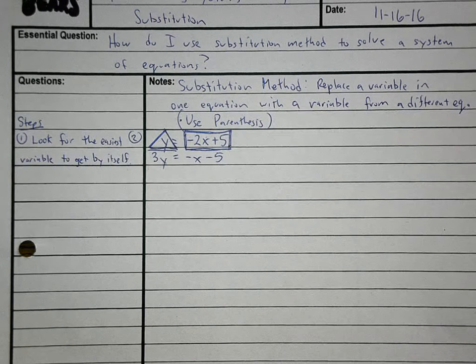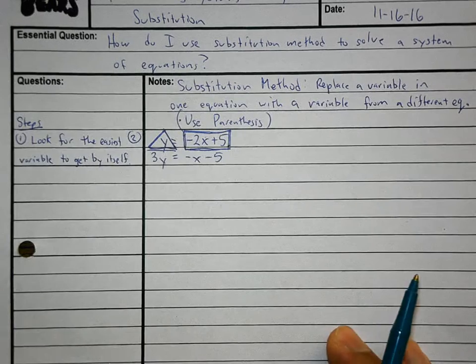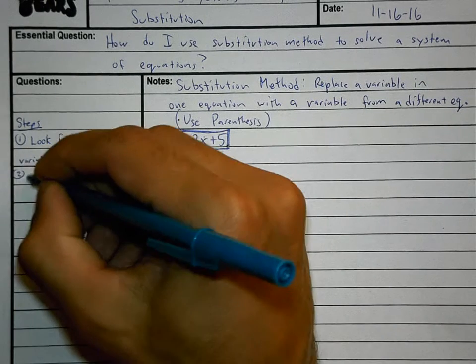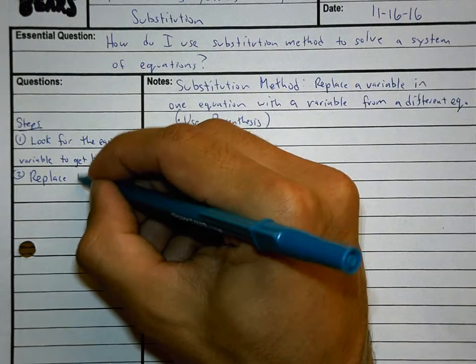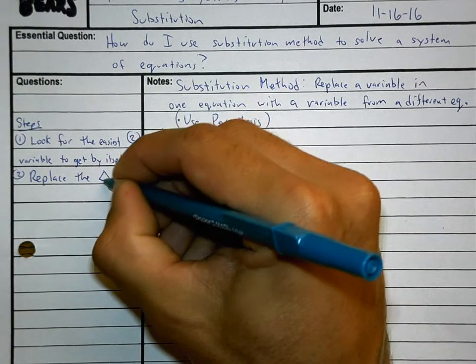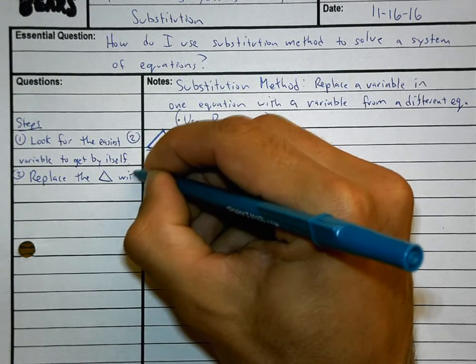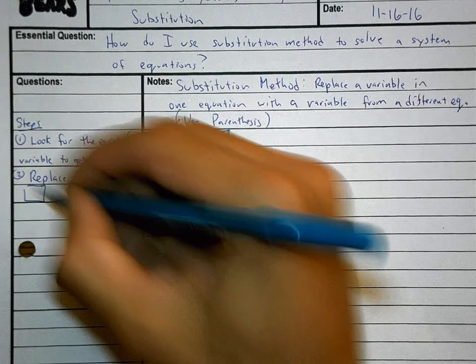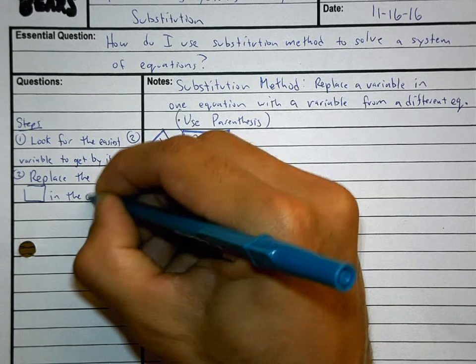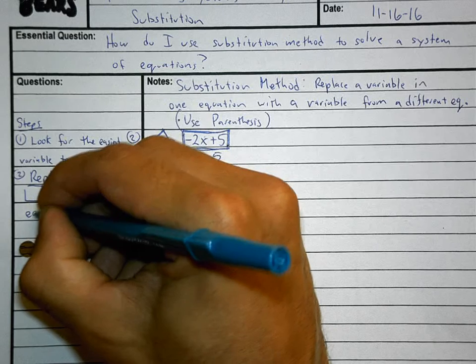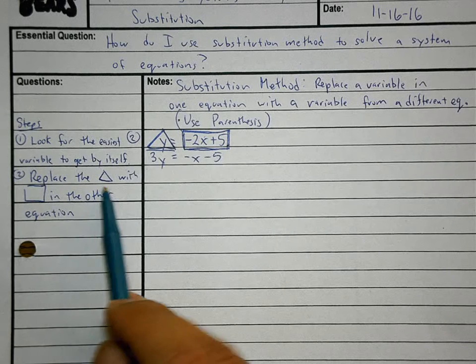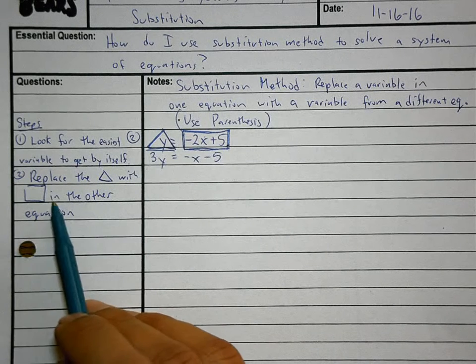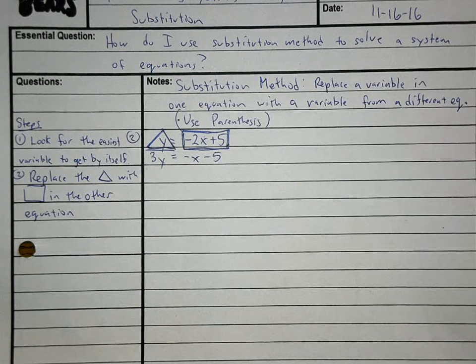So that's what we're going to do for step 2: replace the triangle with the rectangle in the other equation.